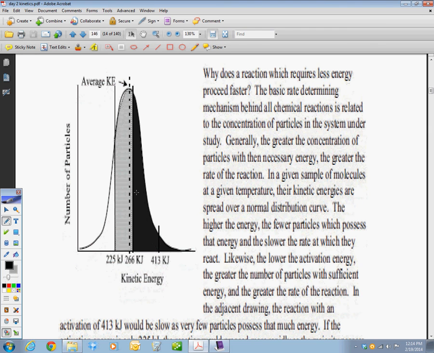So what happens is if we can increase the number of particles with energy to overcome the process of breaking the bonds, by increasing the temperature, more molecules will have more kinetic energy, and therefore the reaction will go faster.